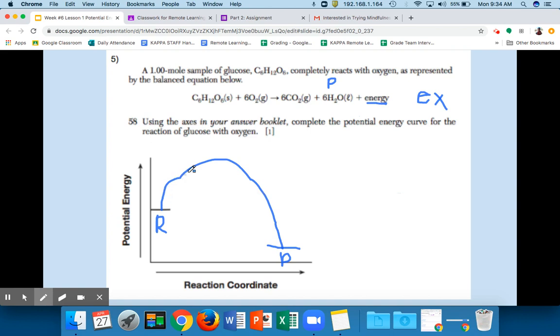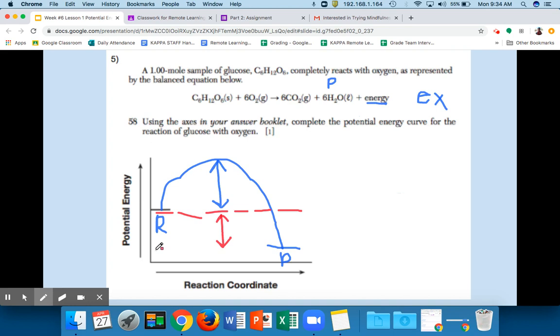Now, why did I draw it like this? Because remember, the first part here is our activation energy, the energy to get the reaction started. And then that other part, just imagine that straight. The other part would be our energy of the reaction.